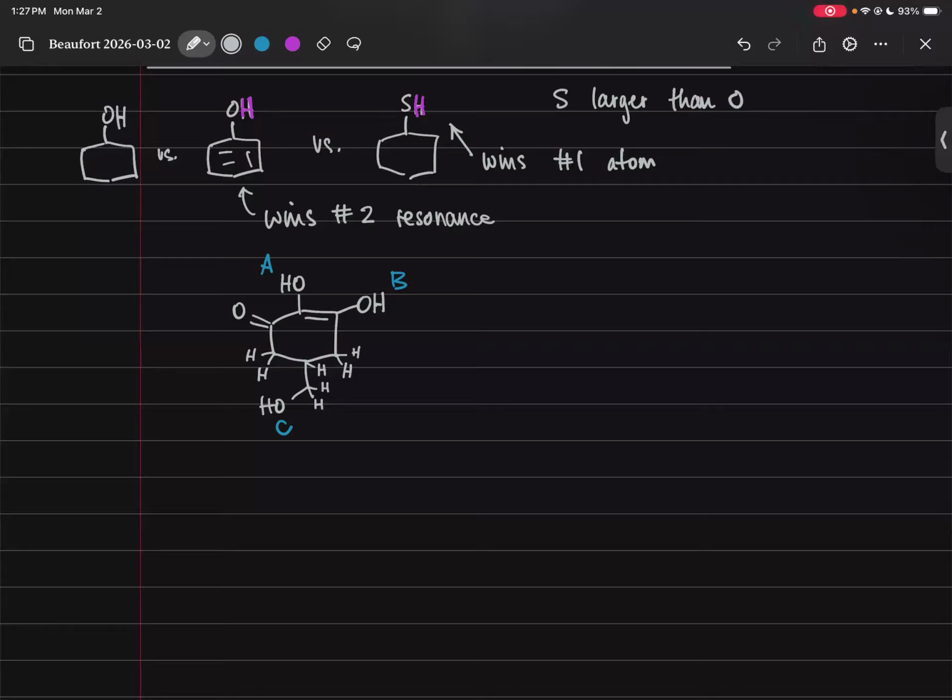They look distracting, but only focus on the oxygen in this case. A and B, it looks like we can draw resonance structures of those. C, we cannot draw any resonance structures. Okay, so A or B, which one do we think?